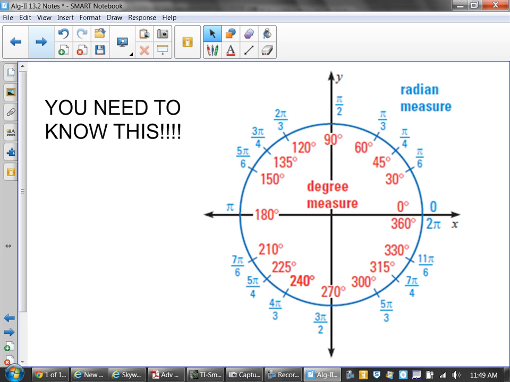What I want you guys to work on tonight, I'm going to stop here because there's another little bit of this section that we're not going to worry about yet today. I want to give you some practice on this stuff first. It's on page 781.